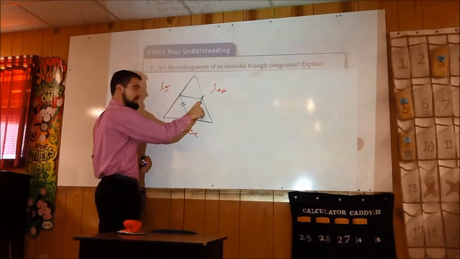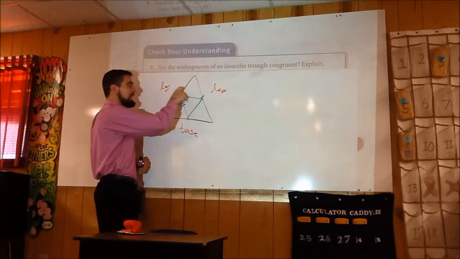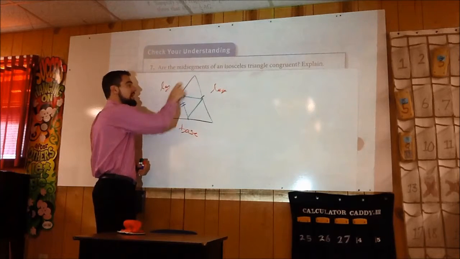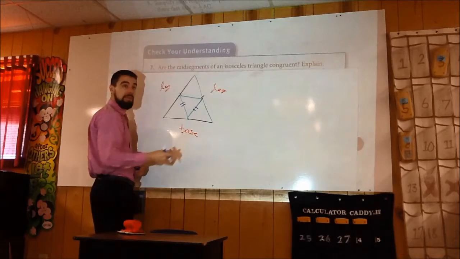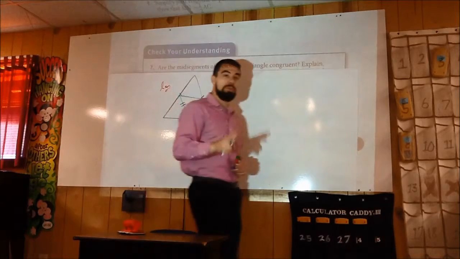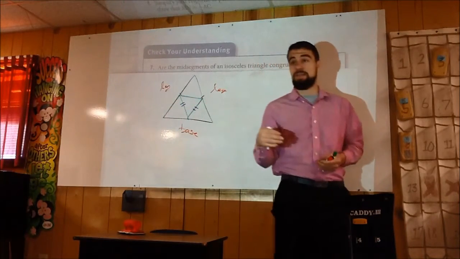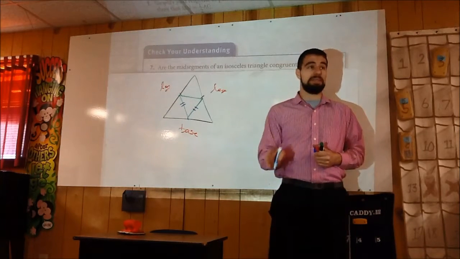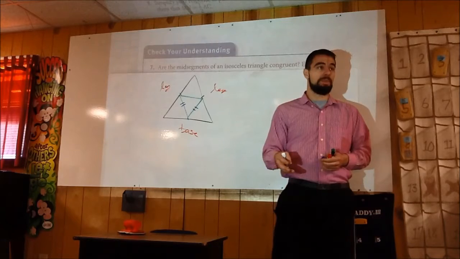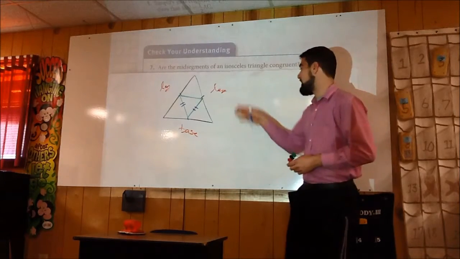Well, this segment here, it's parallel and half the length of the other leg, isn't that going to be the same length? Yeah. So, the two midsegments that are parallel to the legs of the isosceles triangle, those have to be congruent.